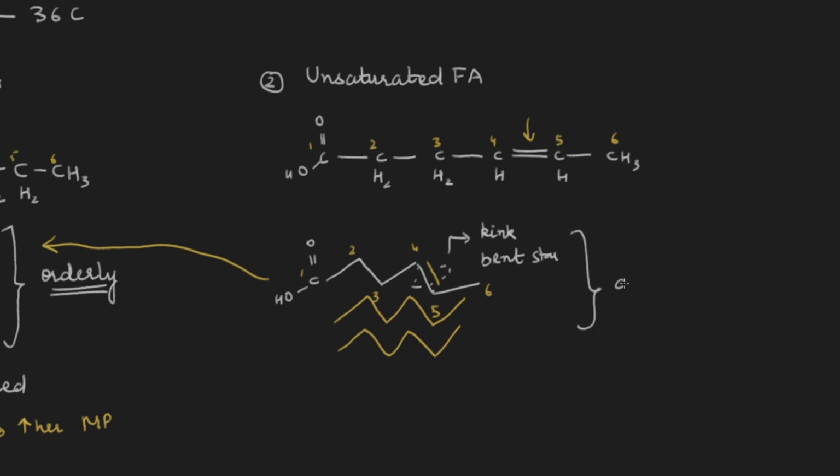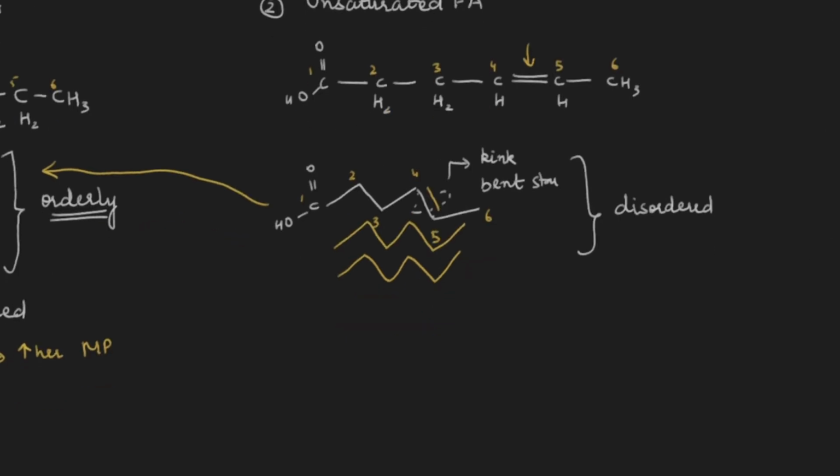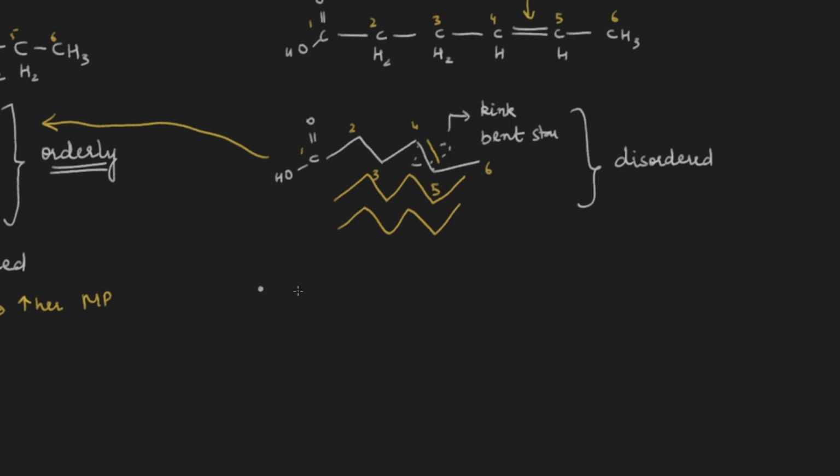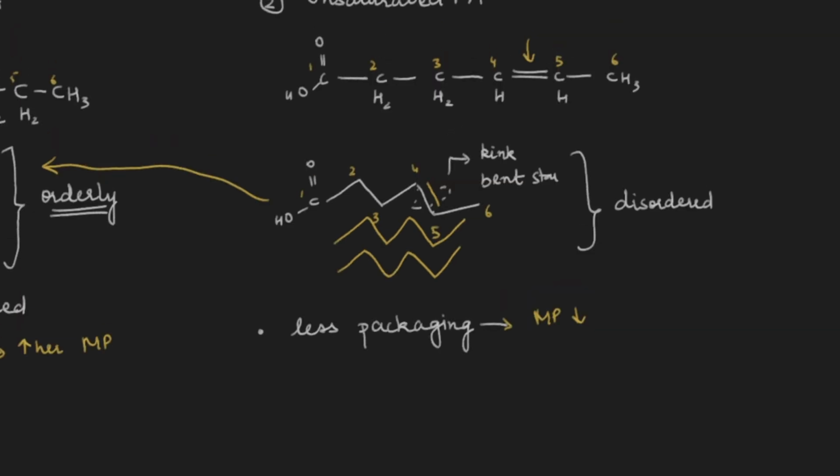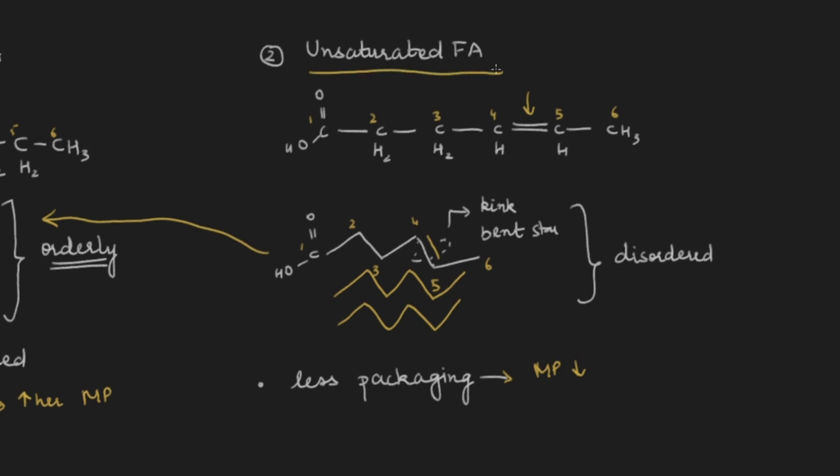This structure is disordered, and because it is disordered, it will have less packaging, and as a result of that, the melting point of this unsaturated fatty acid will be low, which means that less heat will be required to melt this particular fat having unsaturated fatty acid.